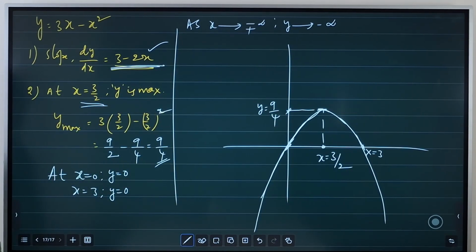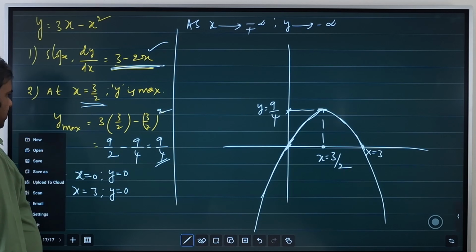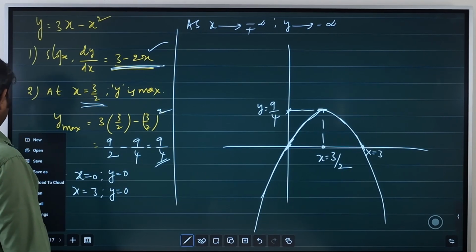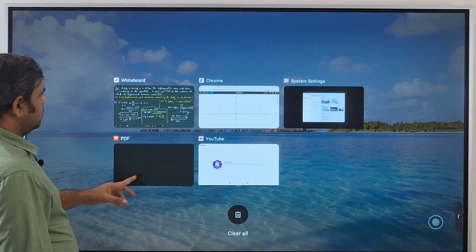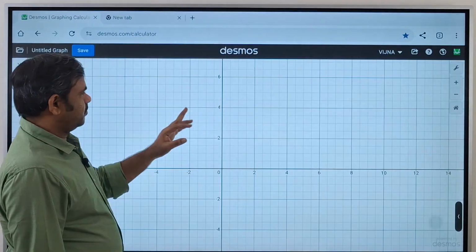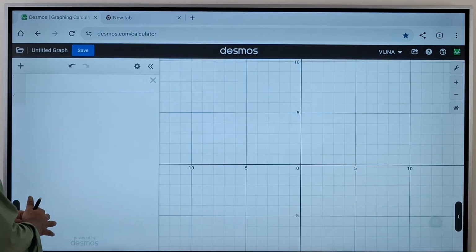Like this, we can draw the graphs of different functions. Let's look at the graphs given by this application here. For the same functions, we have drawn the graphs. Let's draw the graphs in this application.